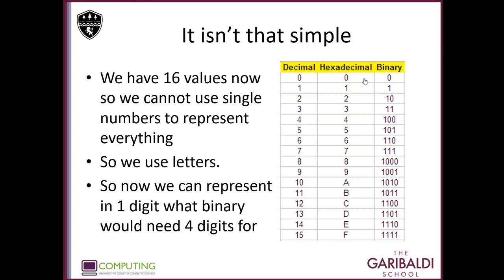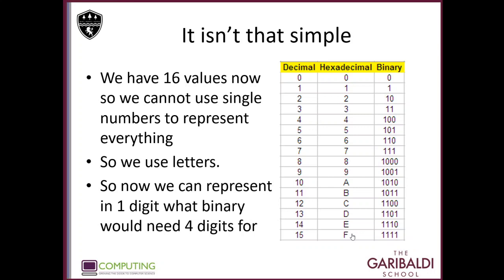In hexadecimal, 0 to 9 are represented using our normal numbers. The problem comes when we get to 10. For the number 10 in hexadecimal we use the letter A. For 11 we use the letter B, for 12 C, for 13 D, for 14 E, and for 15 we use the letter F.